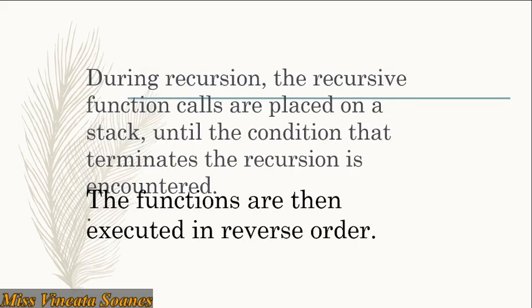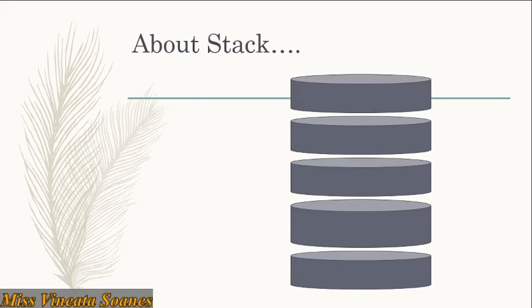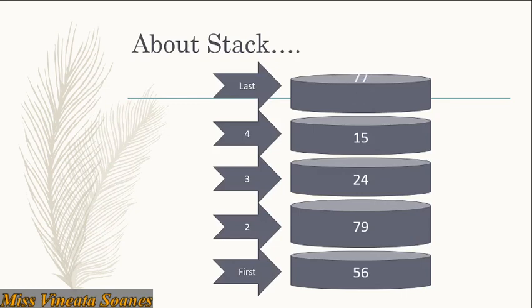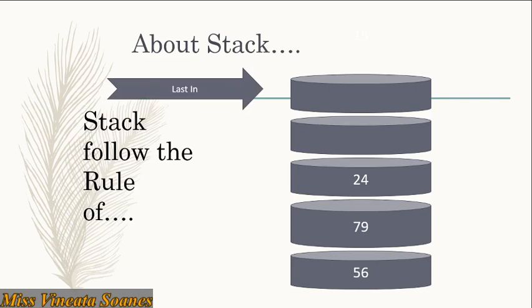During recursion, the recursive function calls are placed on a stack, just as I have shown you with that factorial, until the condition that terminates the recursion is encountered, that is if n is equal to 1 and you're returning that 1. So the functions are then executed in reverse order, which means you have a stack like this, okay, all the numbers, and remember that the last one which you have kept will come out first. So I've already shown you with that factorial how that 1 first will come, not the 5 you kept first, okay. The last one that you kept, that will come out, okay.